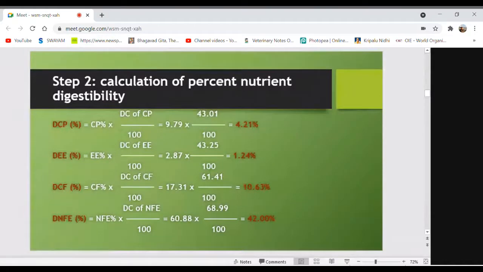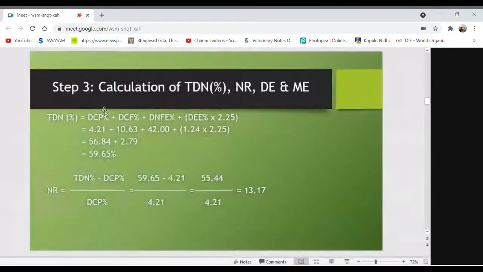Then after calculation of digestible nutrient percentage, you can calculate the TDN percentage. It will be like this: 59.65 will be your TDN percentage. And after calculating TDN percentage, you'll be able to calculate NR, nutritive ratio. Nutritive ratio is nothing but the digestible non-nitrogenous nutrient percentage, meaning the sum of the digestible non-nitrogenous nutrients divided by digestible nitrogenous nutrient.